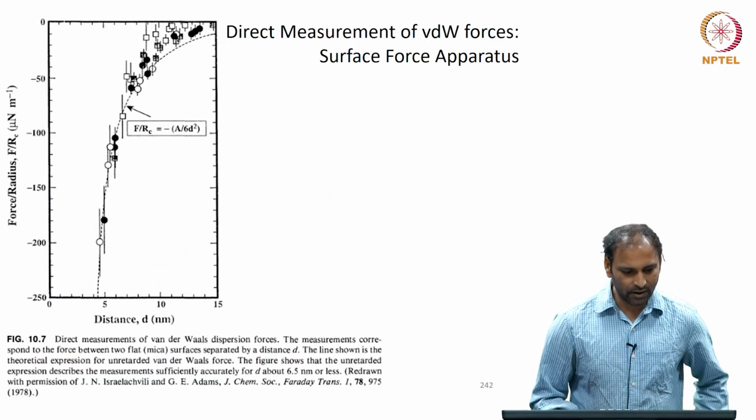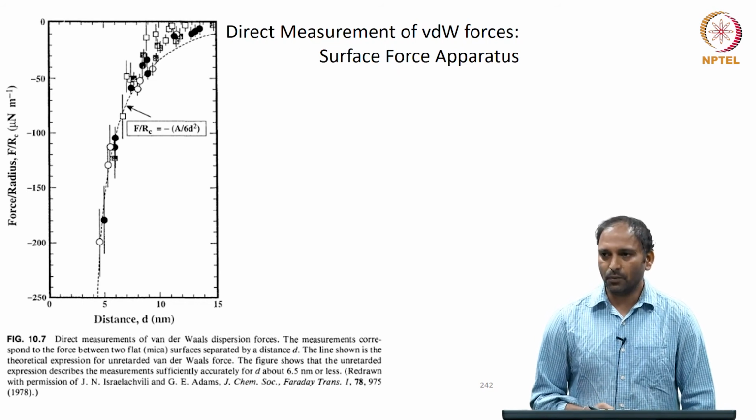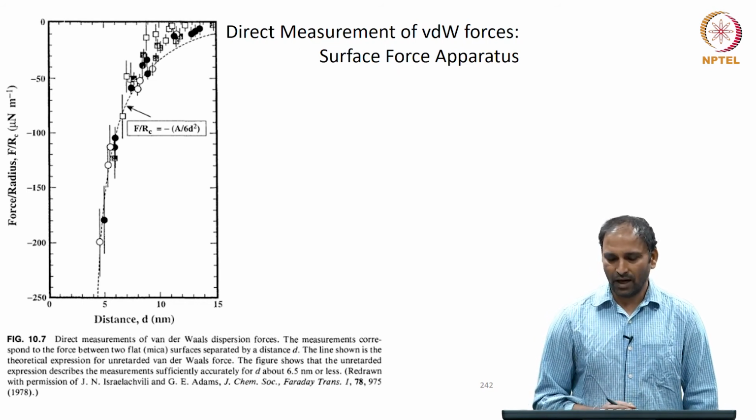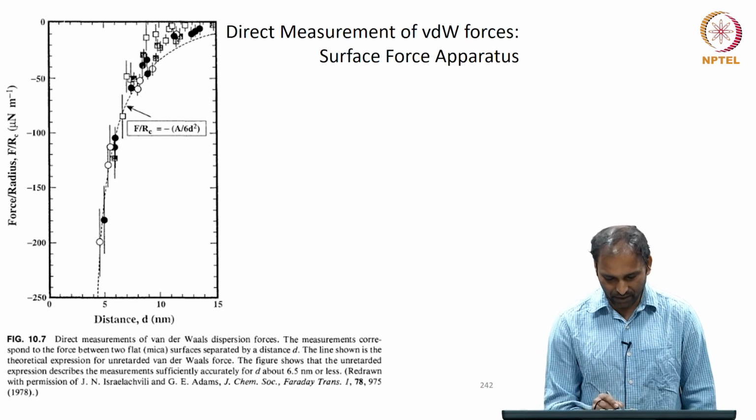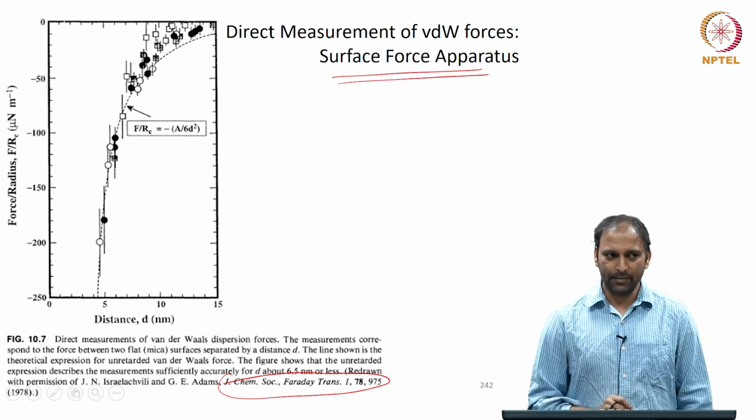And just to end, people have been able to measure van der Waals forces. I would like you to go back and read up some papers in the literature. There is something called the surface force apparatus, okay.